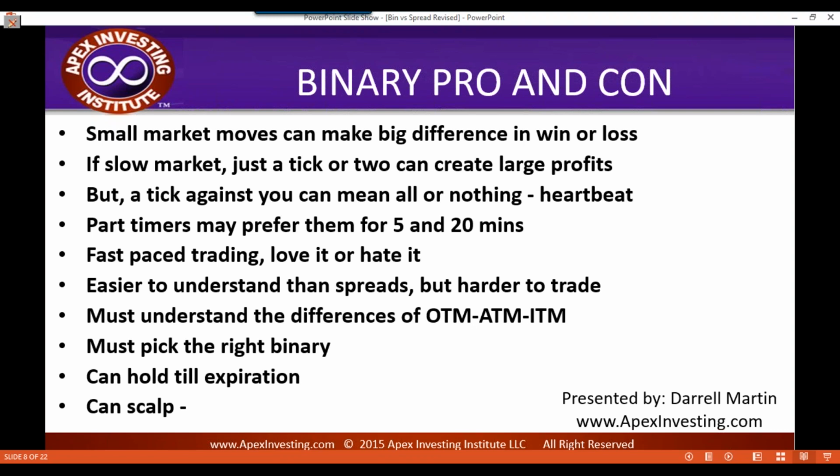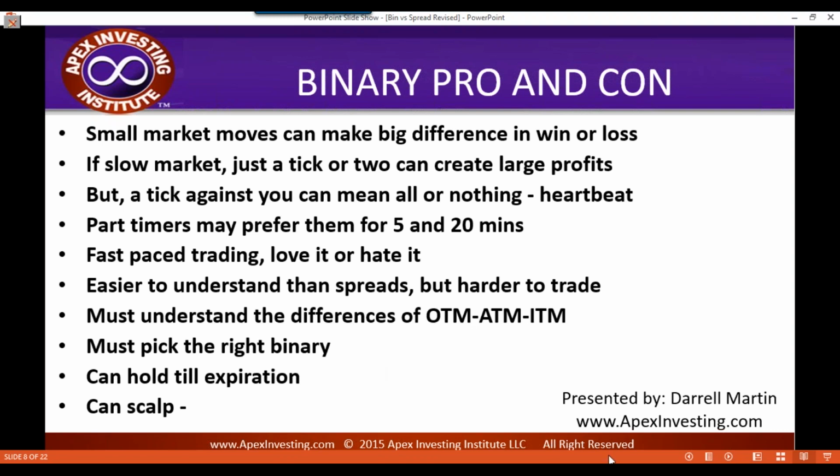You must understand the difference between out of the money, at the money, and in the money binaries. I gave you a couple of links there. You can check out some previous recordings on Nadex or over on the Apex site as well. And you must pick out the right binary. You can hold it to expiration, or you can exit early and scalp.